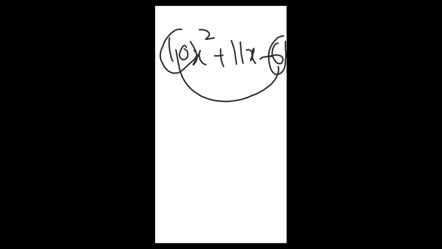So 10 is going to multiply with 6. Did you get my point? 10 will be multiplied with 6, so the new term of this line will be 10x squared plus 11x minus 60.